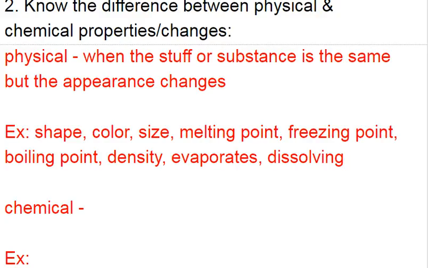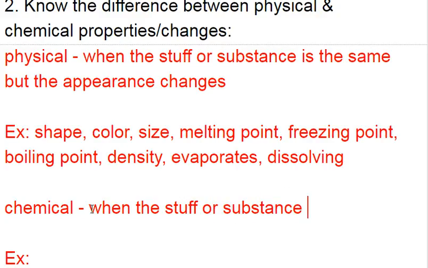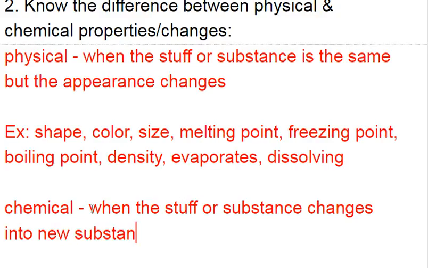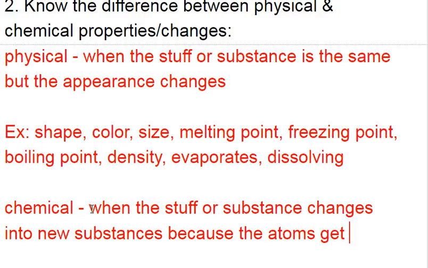So then chemical is when the stuff actually changes. It changes into new substances, and the reason why is because the atoms get rearranged and recombined.